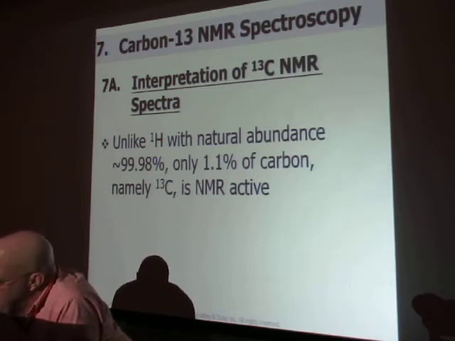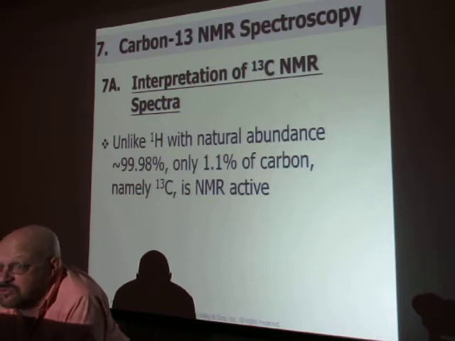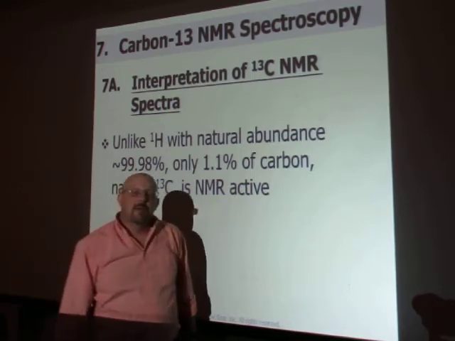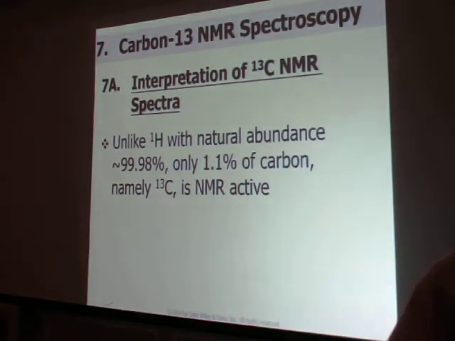Now we can do that, and we do. On our spectrometer, to run a carbon, it takes about a day and a half. On your big spectrometers, you can run them faster, say on a 500 megahertz, but it still takes about 6 or 7 hours to run one. On our small one, it takes about a day and a half.